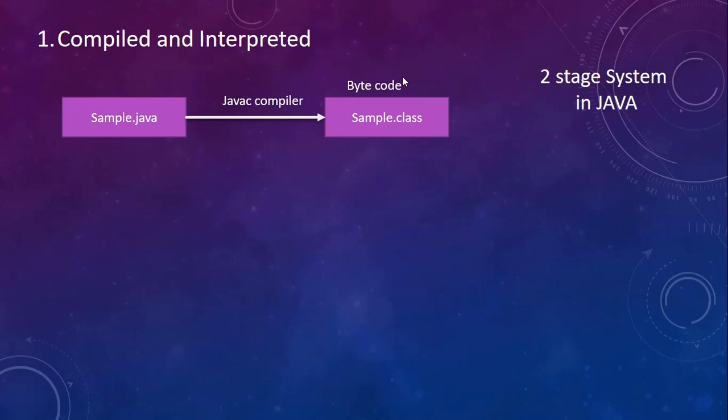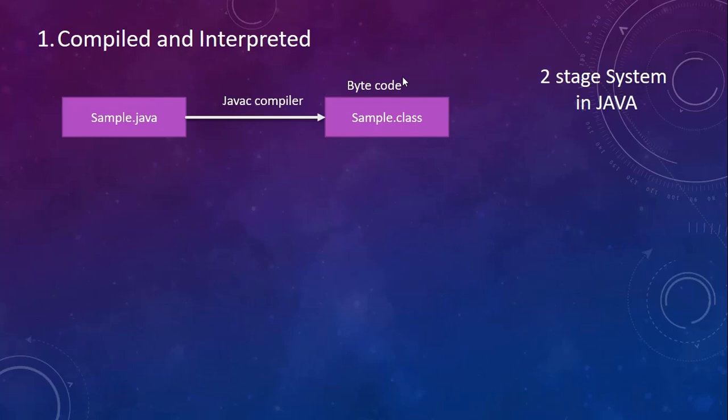But each flavor will have a native JVM version. If I have downloaded the JDK for a 64-bit Linux machine, the Java Virtual Machine installed on your system will be the JVM that supports the native configuration, that is 64 bits and the Linux operating system.